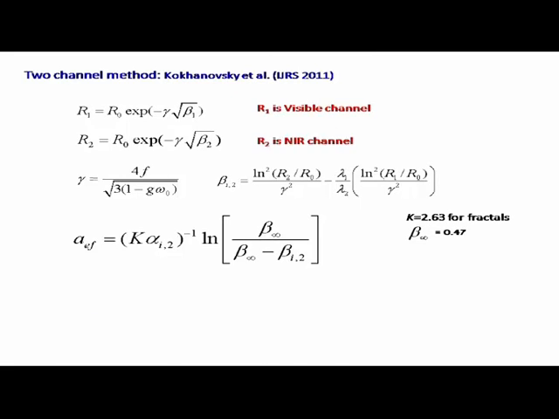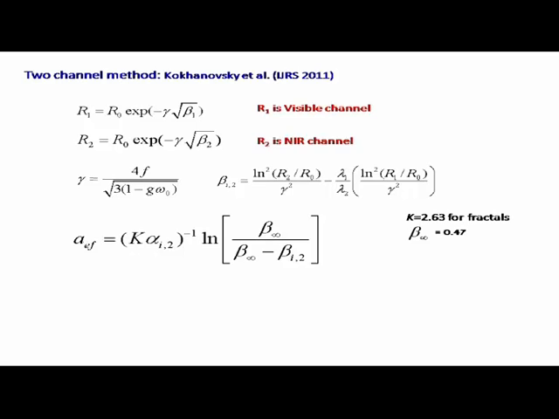Then the algorithm that we have used is a two-channel method. In this ART model we considered two equations for the two unknowns: one is the snow grain size, and another is the soot concentration.